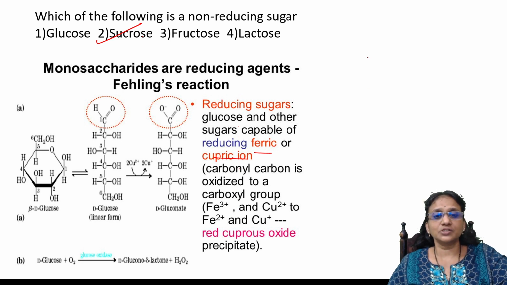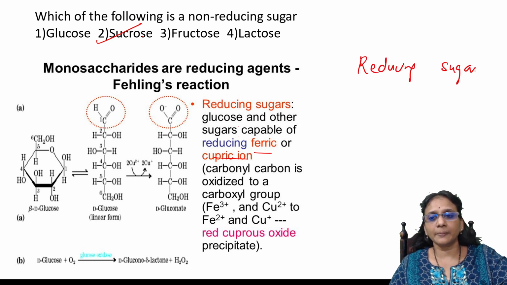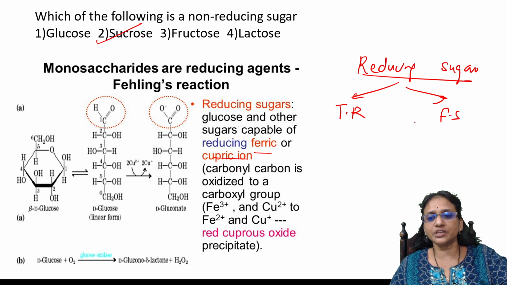That's what we said. So reducing sugars are those which will reduce Tollens' reagent and Fehling's solution into the respective precipitates: silver precipitate, copper oxide precipitate.